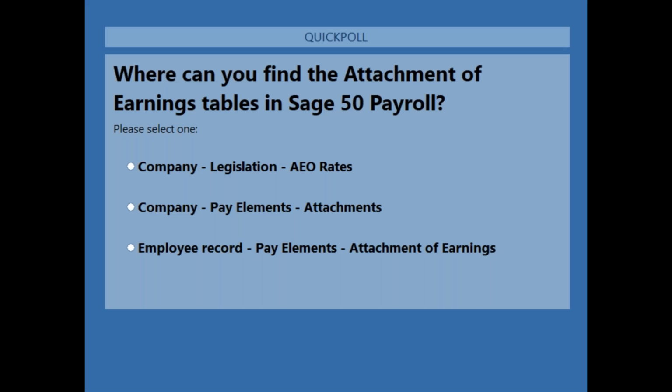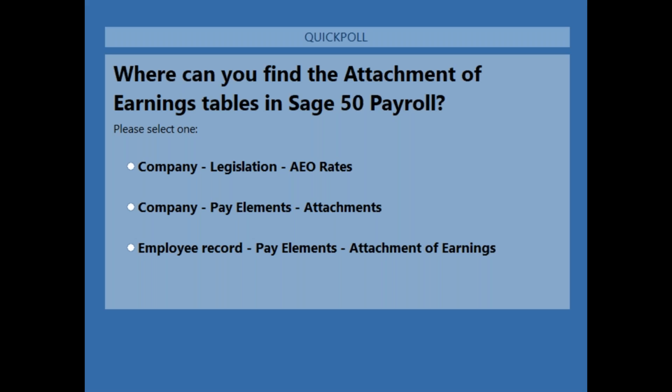So this question is, where in Sage 50 Payroll can you find the attachment of earnings tables? Your choices here are A, from company, legislation, AEO rates. The second option, is it from company, pay elements, and then attachments?